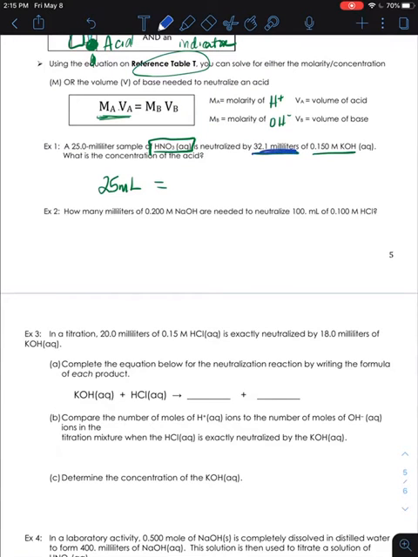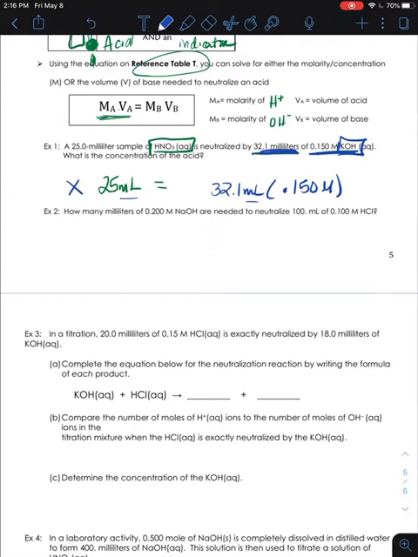This is the volume, and this is the concentration of the base. So 32.1 milliliters. Make sure that your units on the left are the same as the units on your right. 0.150 molarity. We have an unknown, our unknown molarity.